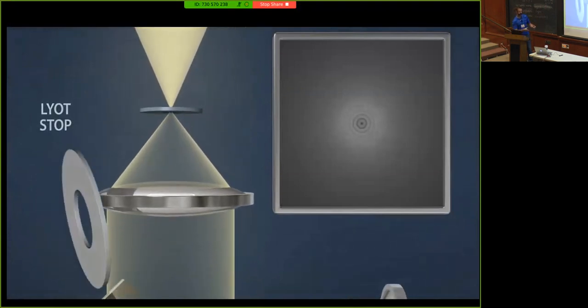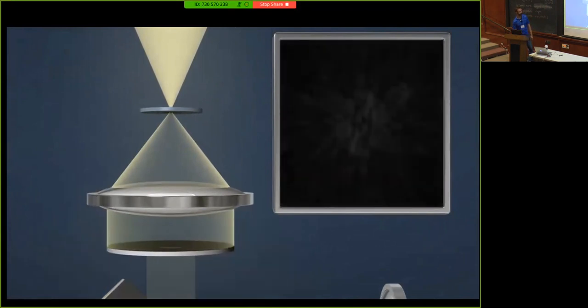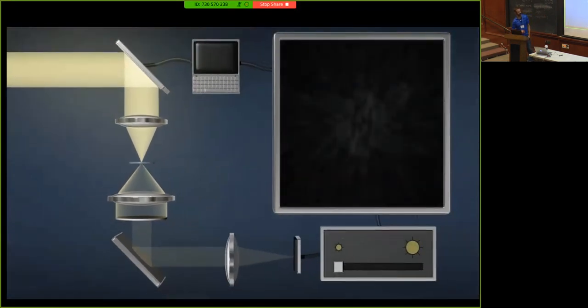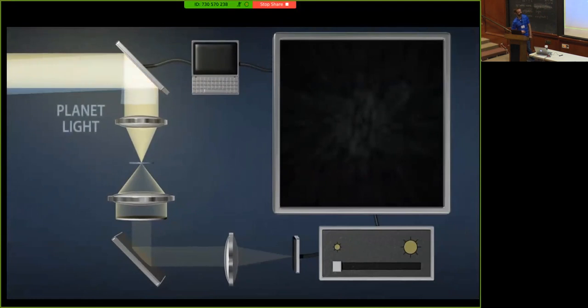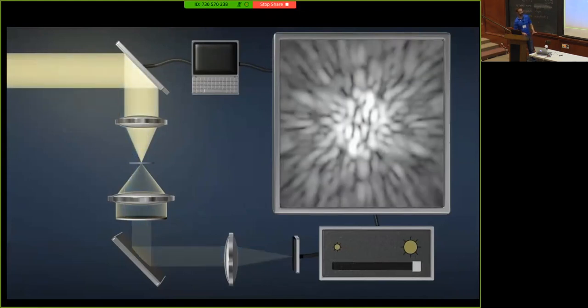It's just a copy of the telescope pupil. And the Airy pattern you saw disappears in the science detector. The key thing is the planet light misses this mask, so it goes through more or less unaltered. That's kind of a lie, but for our purposes, you can assume it goes through unaltered. But we're still stuck, even on the space telescope, because of the imperfections in the optics and all the problems that can happen in a real system: you can't see any planets.